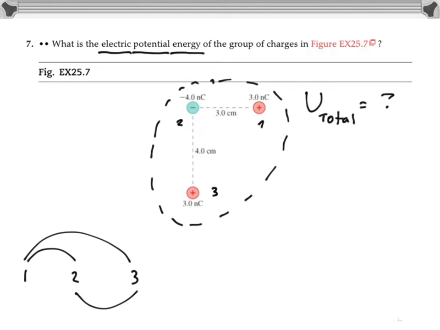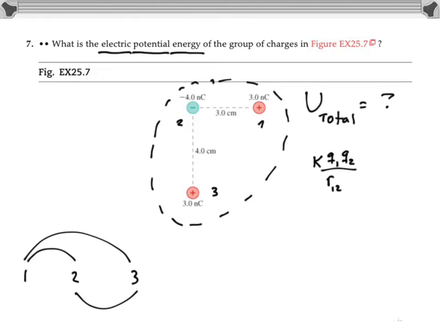So we're going to need the potential energy of the pair 1 with 2, the potential energy of the pair 1 with 3, and the potential energy of the pair 2 with 3. That's all the different pairs that we can construct out of 3 different charges.